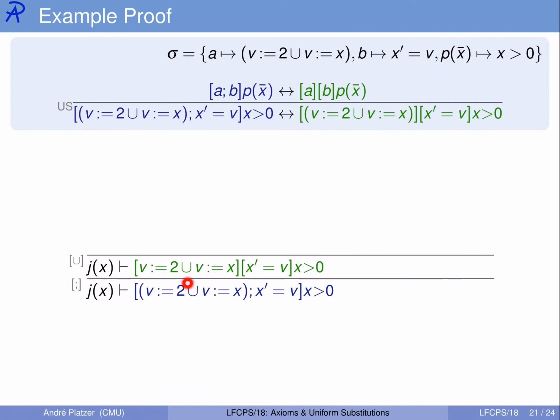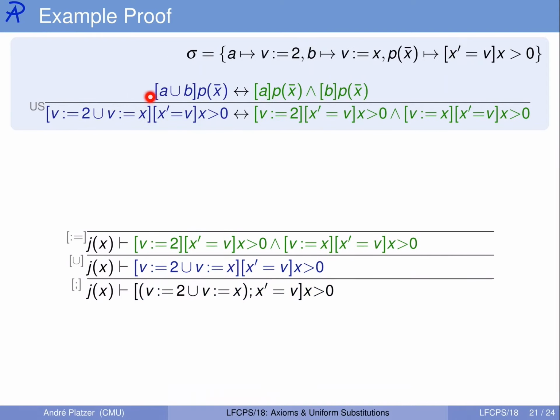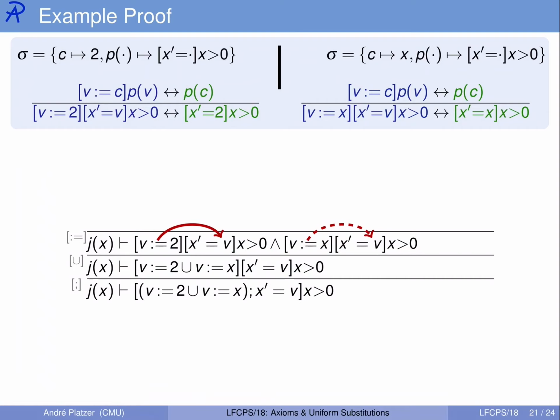Then here, do we have a choice? Out of the non-deterministic choice axiom, by uniform substitution, namely that one up there, we get the appropriate instance we need out of this, the one that says this blue formula is equivalent to that green formula, so it's okay to replace the blue left-hand side with the green right-hand side. And next we need an assignment, so this time we've got two here and there.